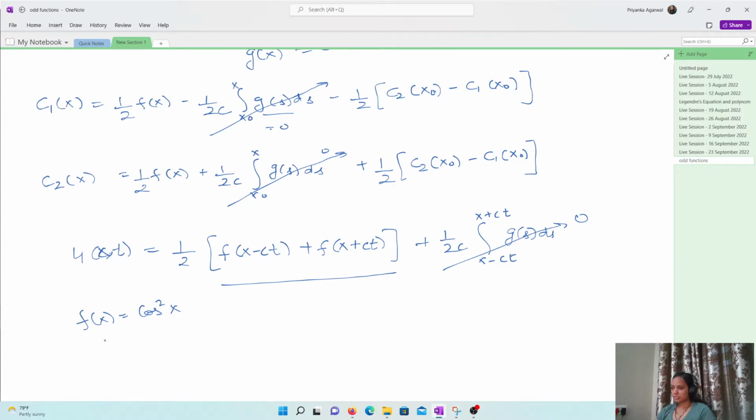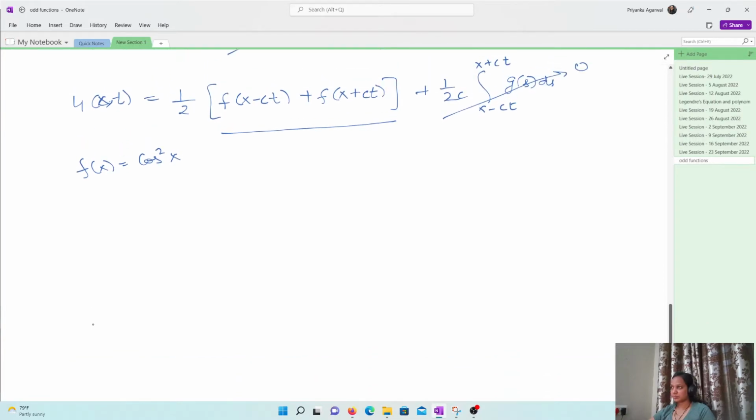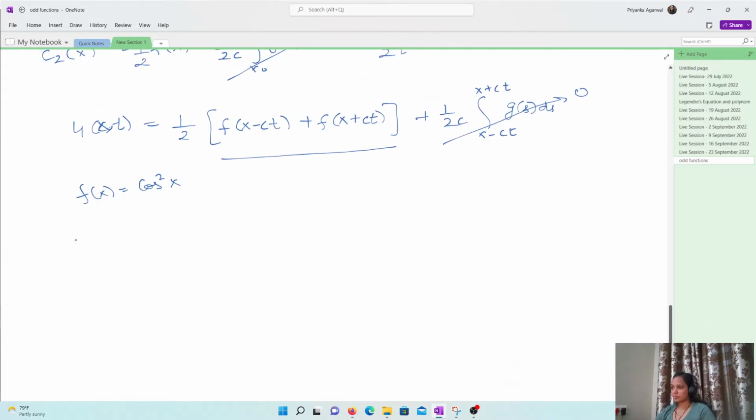Okay, so let's do it. u of x comma t can be written as 1 by 2 cos square of x minus ct plus cos square of x plus ct, right? Now we can simplify this further.